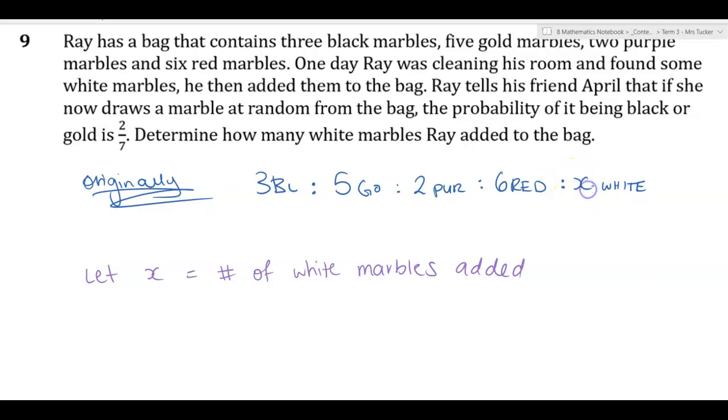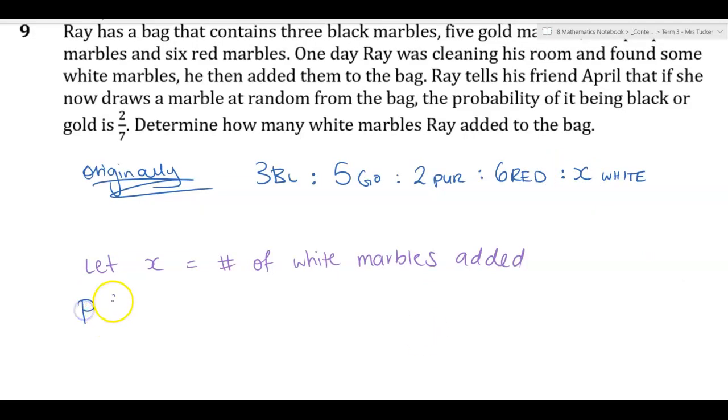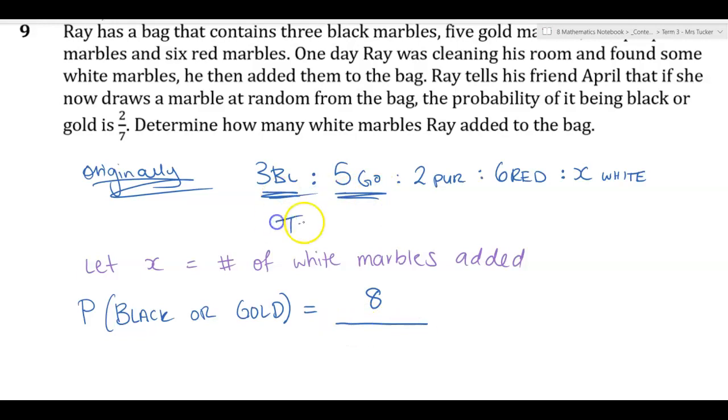Now, probability of black or gold. We know that probability equals the number of favourable outcomes over the number of possible outcomes. So how many marbles are black or gold? 8, because there's 3 black and 5 gold. So we add that together out of, in total, how many marbles are there? 3 plus 5 plus 2 plus 6 plus x.